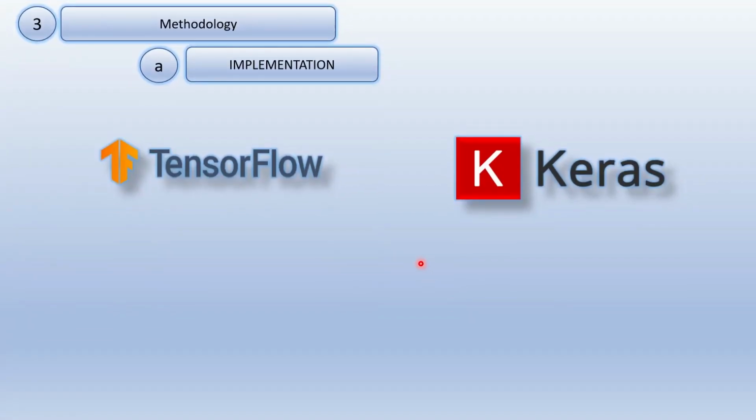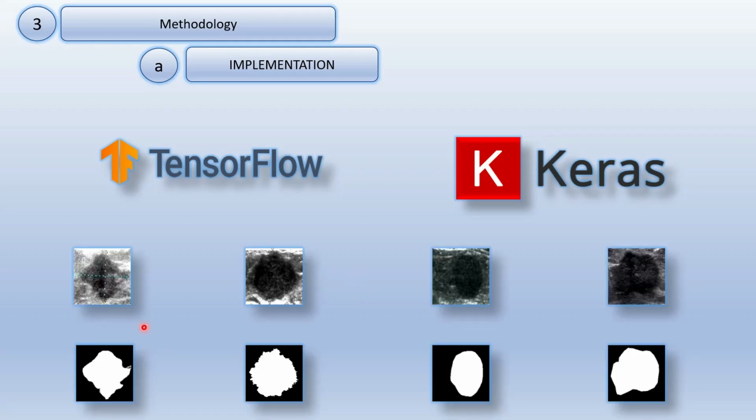Now, after we gave a brief description of the MSRF-NET, let's present the implementation. TensorFlow and the Keras API were our way to go in implementing this architecture, mainly for their simplicity. Moreover, we use an open breast ultrasound dataset. These 320 grayscale images are initially normalized to 128 by 128 in size.